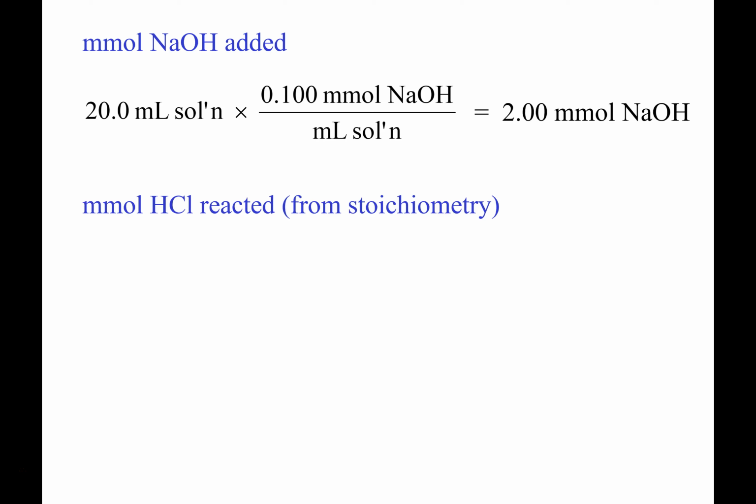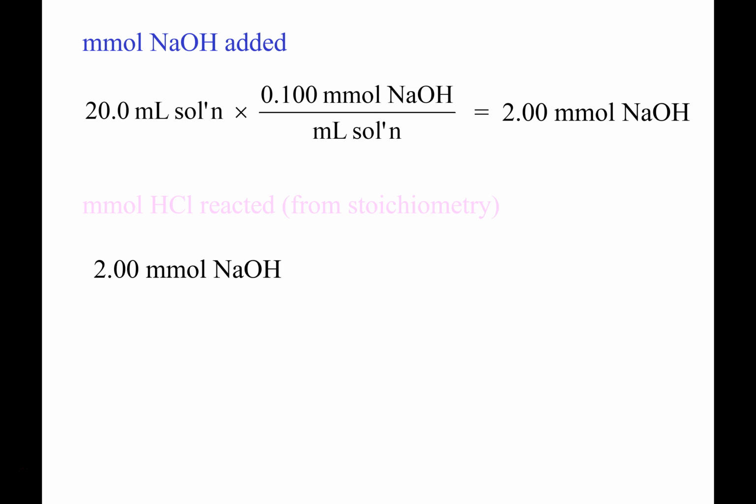Then we need to say how many millimoles of HCl reacted. And again, we have that boring stoichiometry, but I'll go ahead and introduce the stoichiometric ratio: 1 millimole of HCl over 1 millimole of NaOH, times our 2.00 millimoles of NaOH we added.